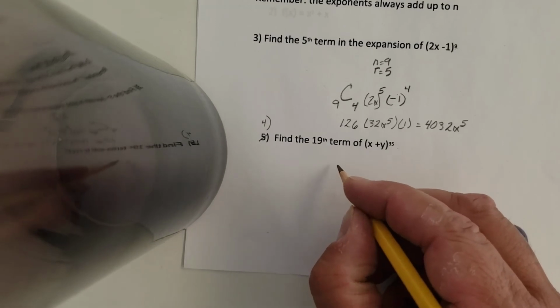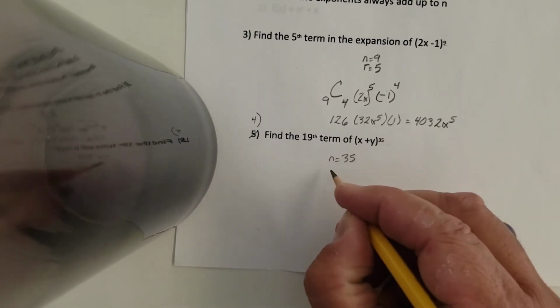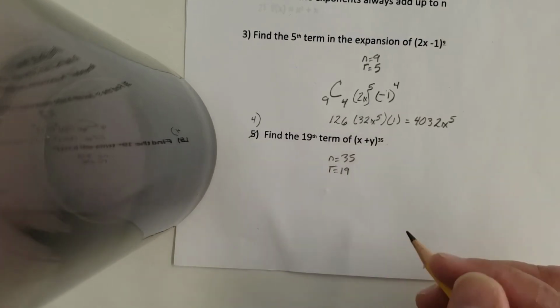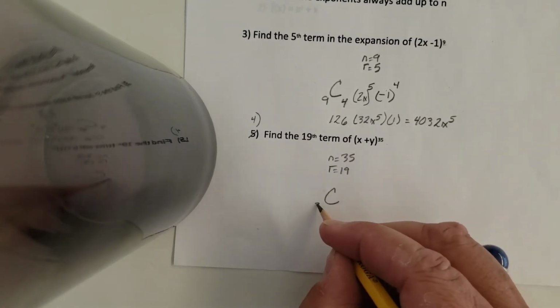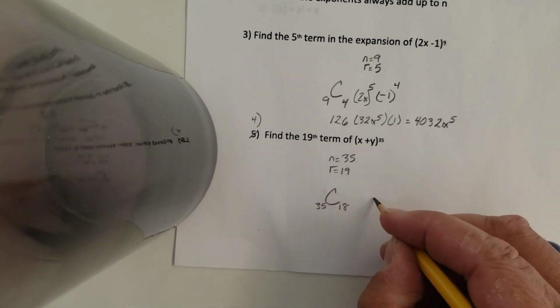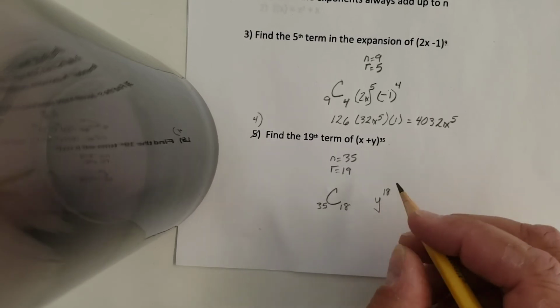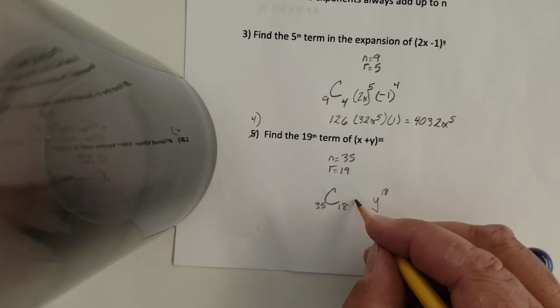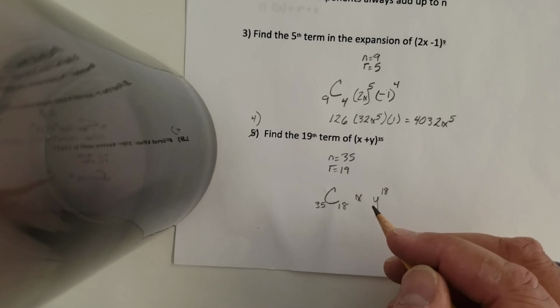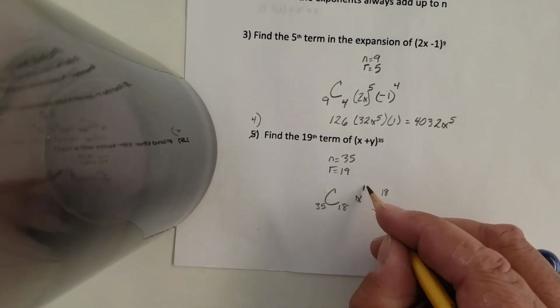But it's actually, we know that n is 35, r is 19. So we want a combination of 35 things taken 18 at a time. Y is going to be to the 18th. My second term matches here. And my 2 exponents have to add up to be 35. So 35 minus 18 is 17.